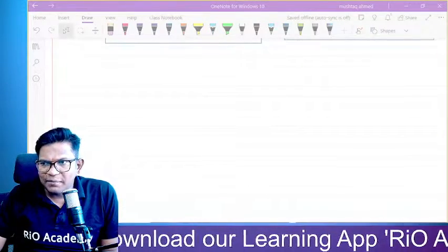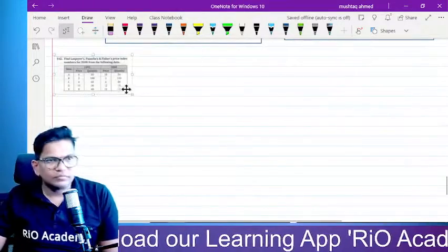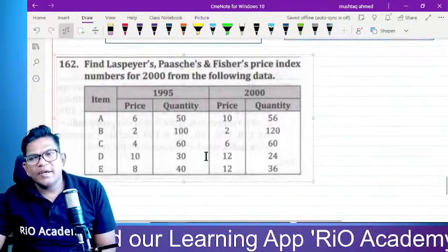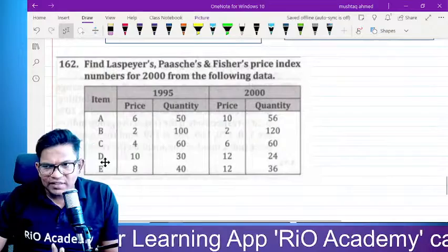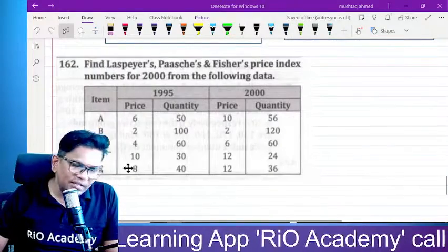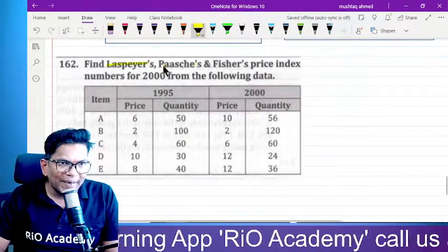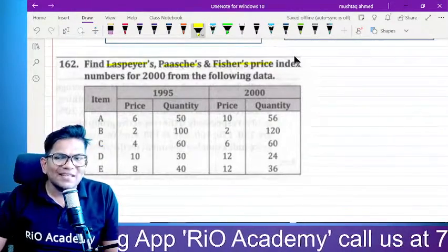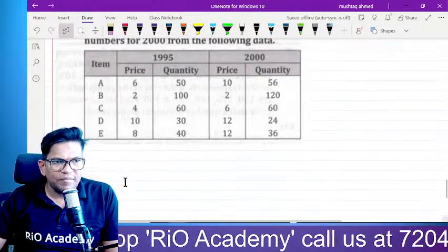Once I complete this 10 marks question, kids, I'll go for the 5 marks. As I told, we have to write everything, items and all, but just go through what the problem says. Find the Laspeyres, Paasche, Fisher's, and I'll even take Drobisch-Bowley, Marshall-Edgeworth, everyone's formula now, and accordingly we will finish it.